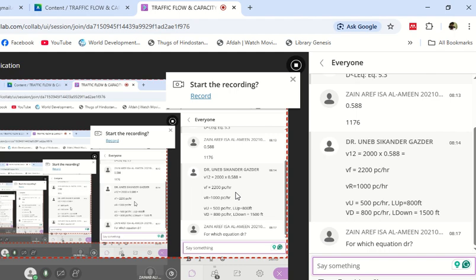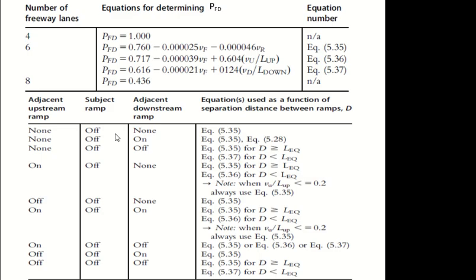From all three equations, we will select the higher one. These three. See here, they are saying you can use any of these three equations. So we'll calculate from all these three equations. Then you select the higher one.